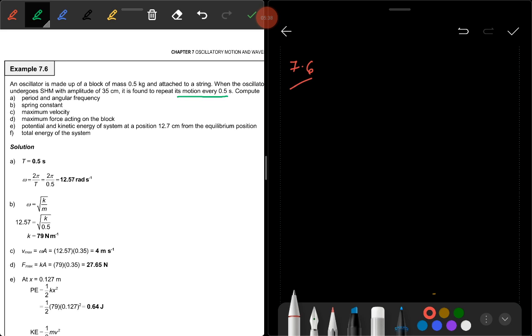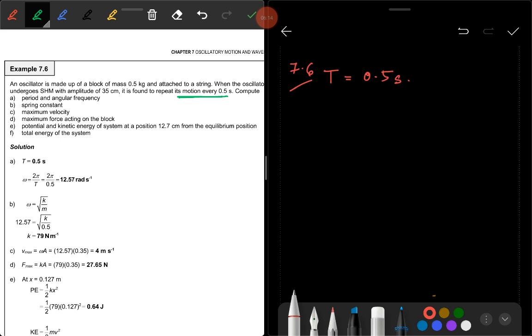The motion is repeated. That means the time taken for one complete oscillation, or one complete vibration, is equal to T. Look at these words, repeat its motion. That is the value of T. The motion is repeated every 0.5, so 0.5 is the period of oscillation.